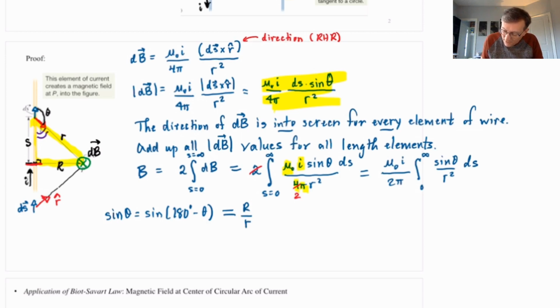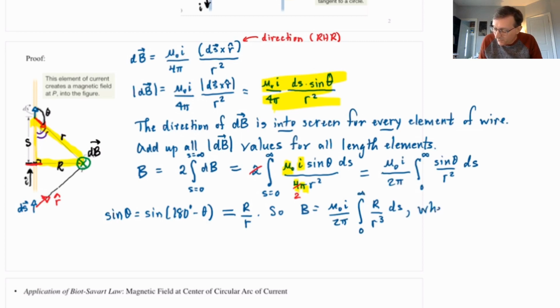If I use that result in my expression for B, I have mu 0 I over 2 pi integral of, okay, sine theta becomes big R over little r, and I already have a little r squared downstairs. So now my expression looks like that. But then I need to realize, again from the picture, that little r, the distance little r, is from Pythagoras, square root of big R squared plus s squared.